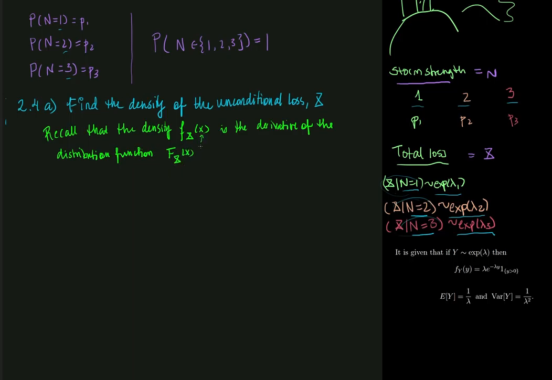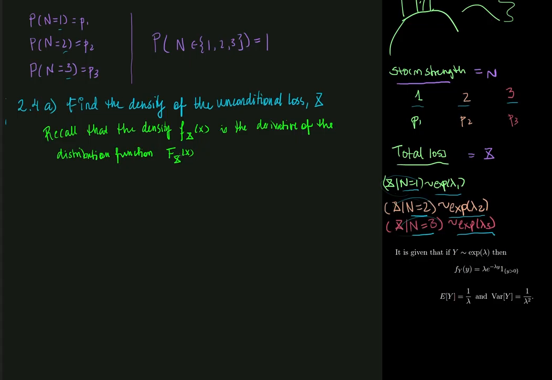So the little x is the value that we evaluate the functions in, and the capital X just stands for that we are looking at the distribution of the random variable X. So what we're going to do instead of finding the density is we're going to try to find an expression for the distribution function first.